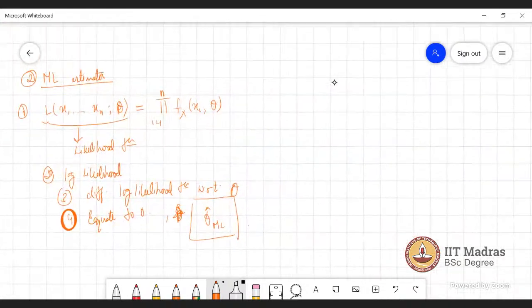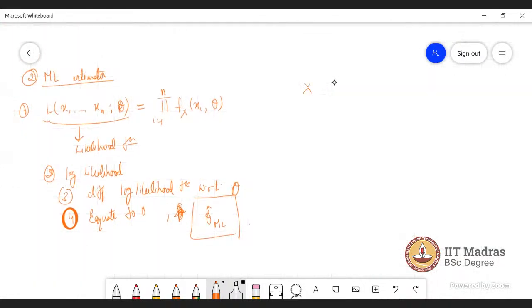If we look at the same Bernoulli case, we have the samples x1 to xn, and all of these are coming from an IID Bernoulli p distribution. Then the likelihood function L of x1 up to xn is given by the product of f_X of xi. In case of Bernoulli, for any sample, it is just p or it is 1 minus p, right?